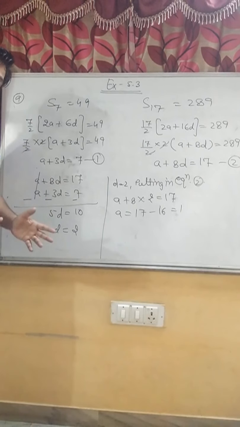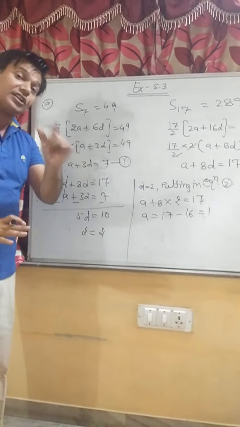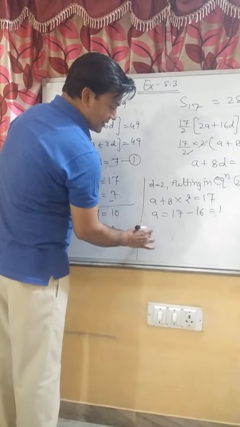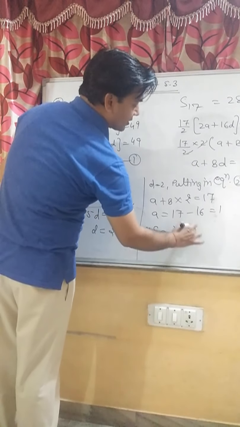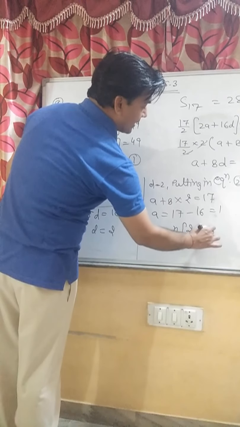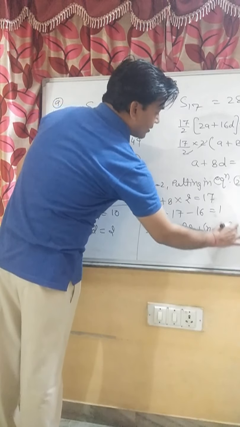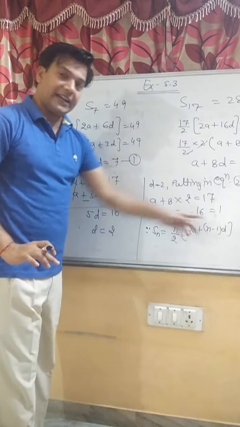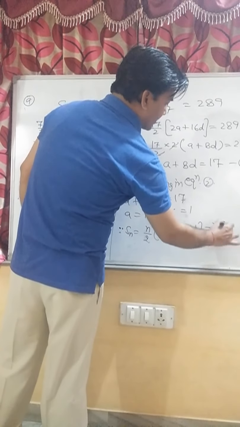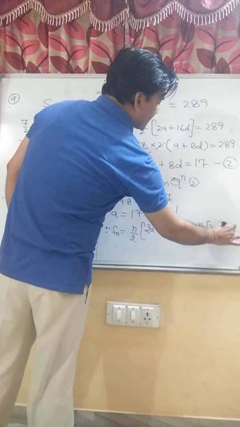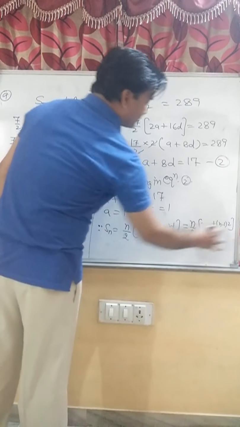Now we have to calculate the sum of n terms. Since Sn is given by n by 2 bracket 2a plus n minus 1 into d, putting the values of a and d here: n by 2 bracket 2 into 1 plus n minus 1 into 2.